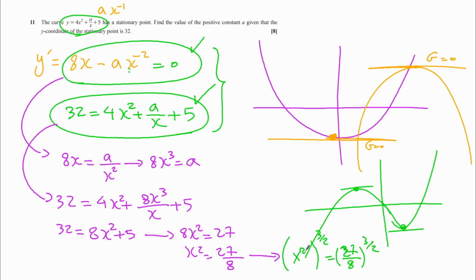So we're raising both sides to the power of 3 over 2. If we do that, on the left-hand side we will have x to the power of 3, to the power of 3 over 2... which is x cubed, equals.